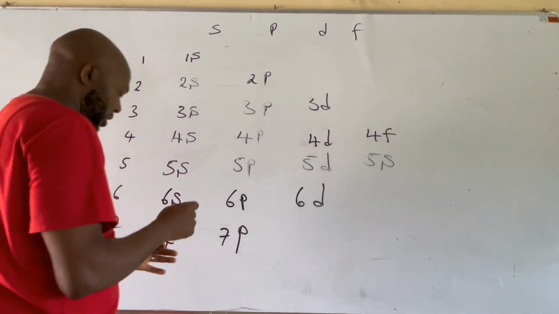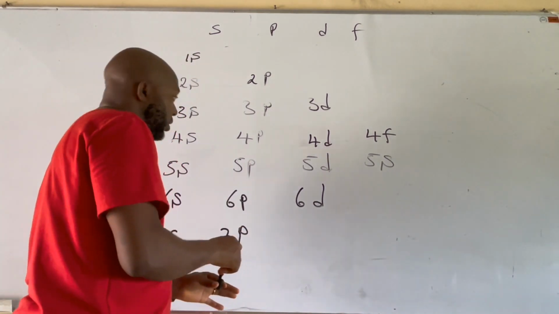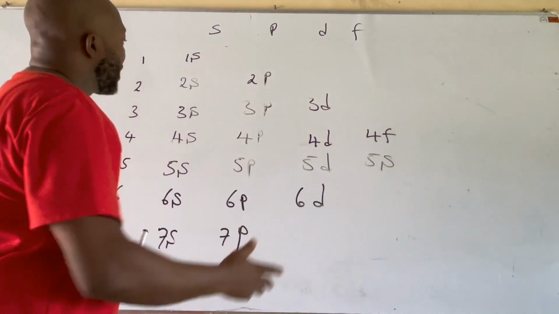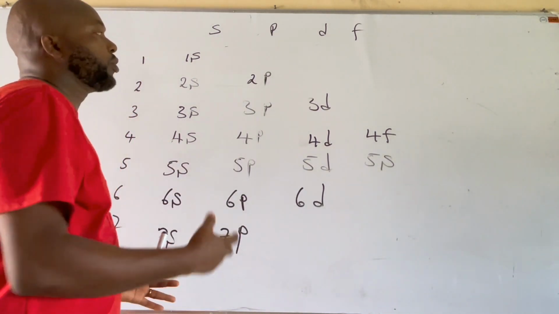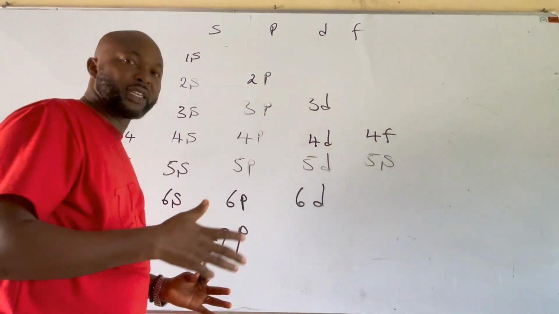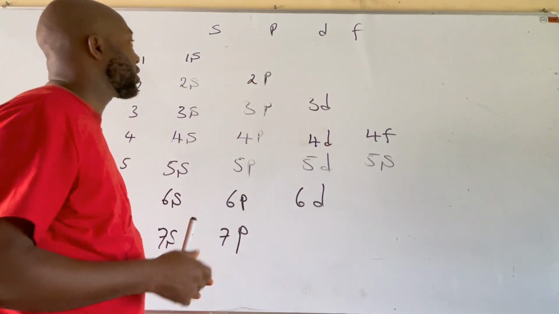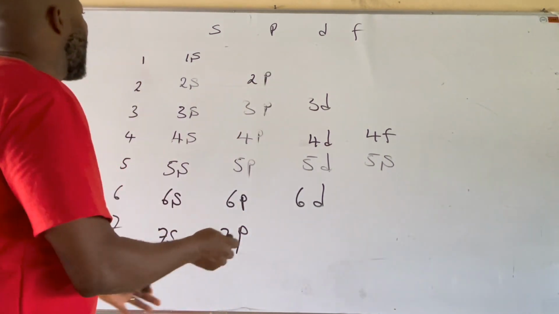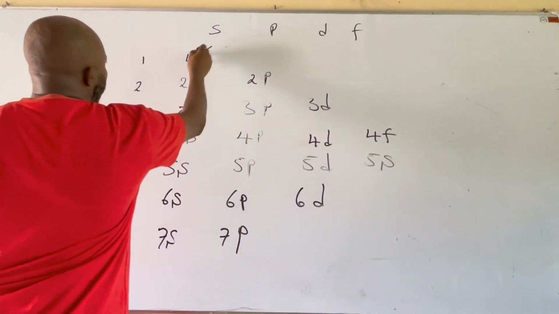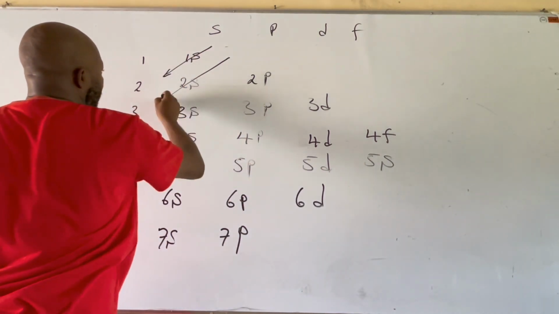So in this order, we're able to extrapolate the framework which will give us the understanding on how to write all the electronic configurations. So I'm going to line it up this way in a serial order.